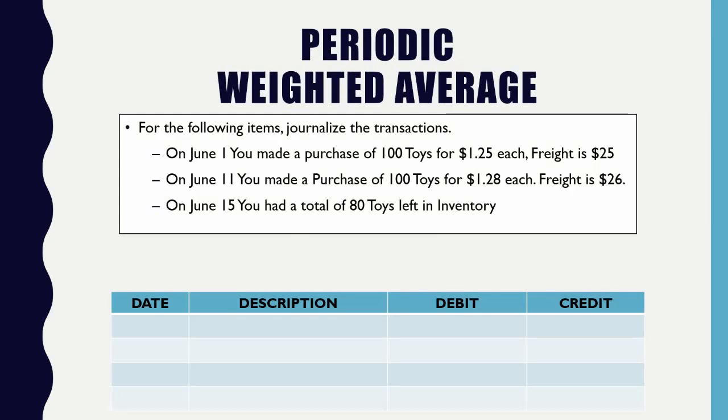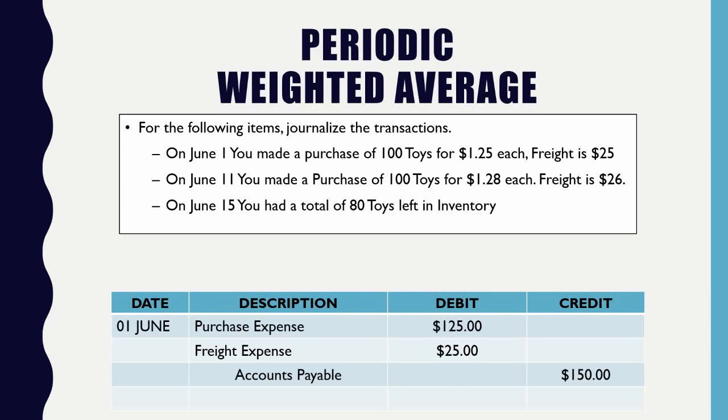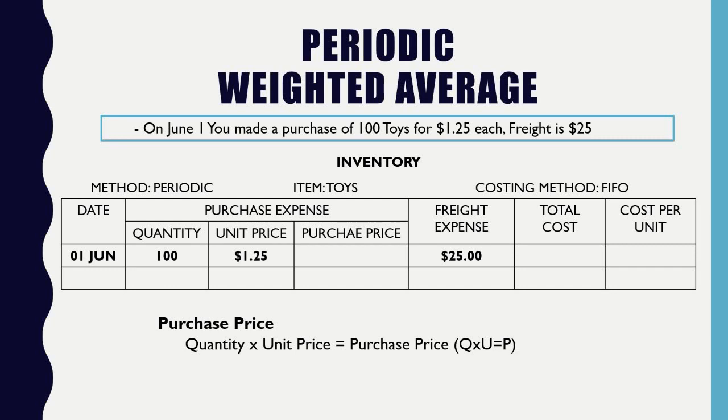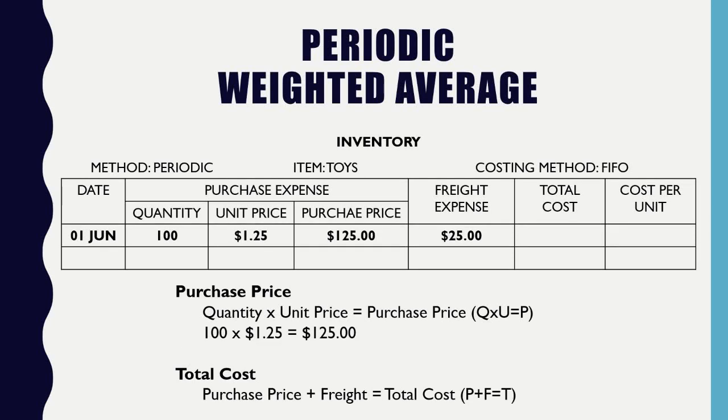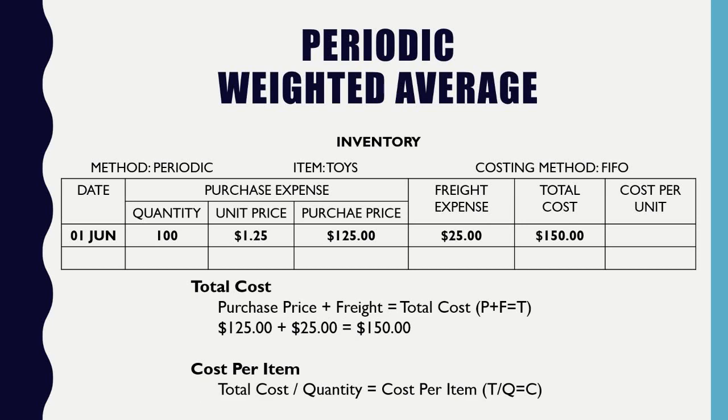Once again, we are looking at a purchase on June 1st. We bought 100 toys at $1.25 with a freight of $25. So again, we're going to practice journalizing that, and then we put it into our inventory worksheet. Since it's the very first one, we have a purchase expense of $125, and the total cost is $150 because the freight is $25.